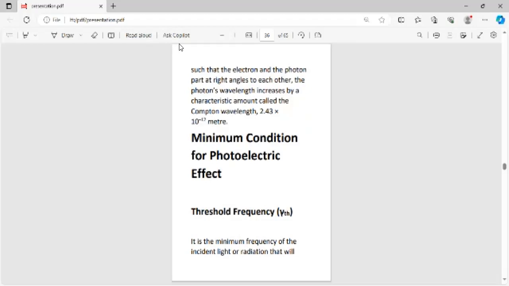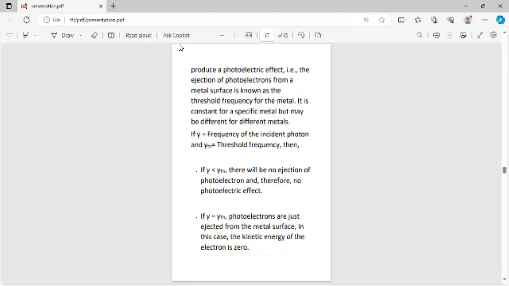What is threshold frequency? Threshold frequency is the minimum frequency at which the photoelectric effect occurs, or the minimum frequency of the incident light that will produce a photoelectric effect. It is constant for a specific metal, but it may be different for different metals.